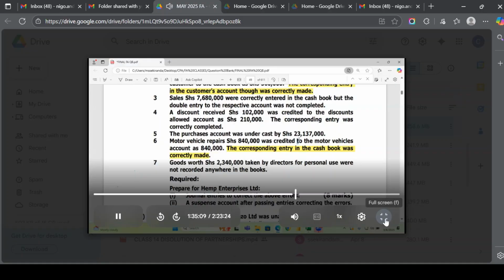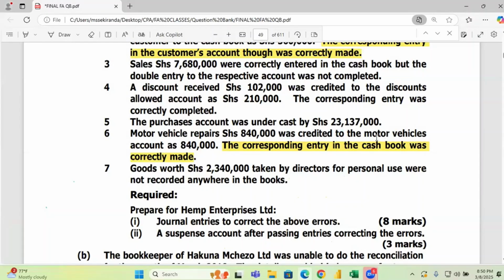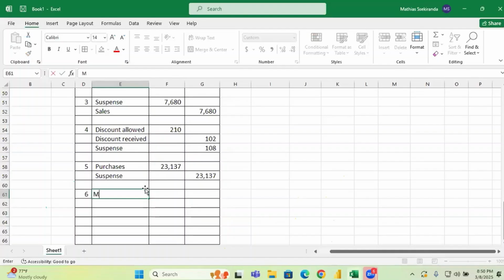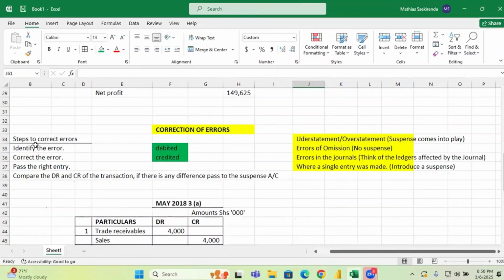So they had credited the motor vehicles account. So can we remove it by debiting motor vehicles, right? We shall debit the motor vehicles account to remove that figure because it had been credited there. So debit to remove that figure. You have corrected the error. Very good.